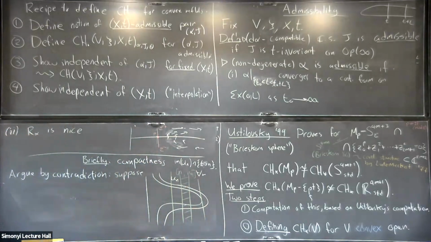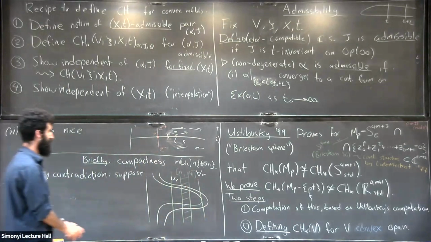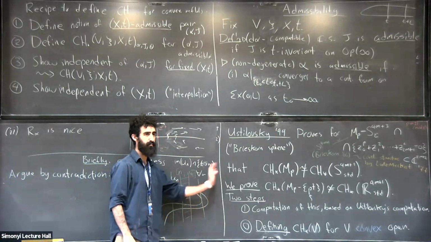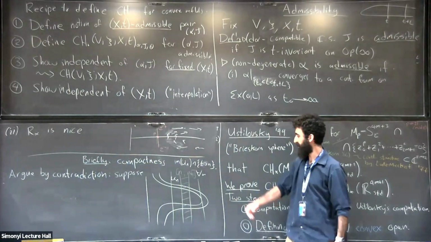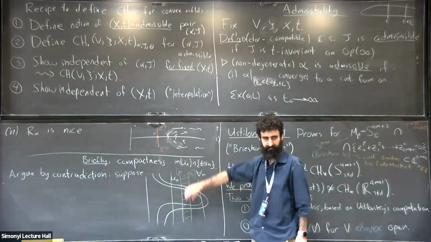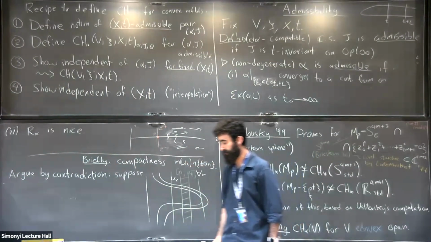Our condition on admissible forms guarantees that as you look at these restrictions, the restrictions of the contact forms converge to some contact form on the space which is diffeomorphic to each of these strips.